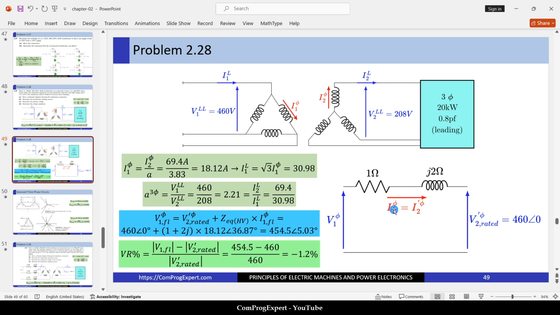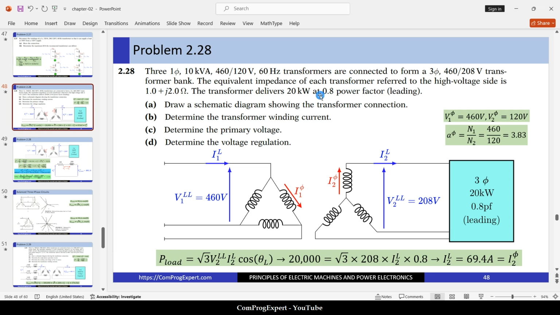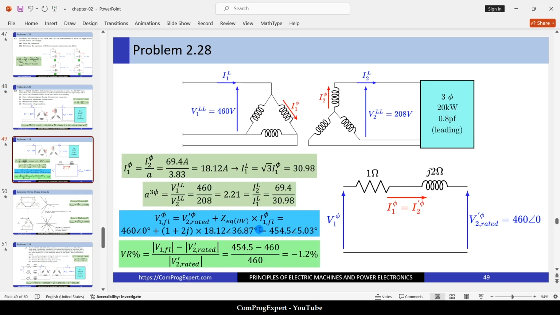And V1 for the full load condition is V2 prime phase rated plus Z equivalent times I1 full load phase. The amplitude is 18.12. What is the angle? 36.87. The power factor is 0.8 leading. Okay, so you know that.